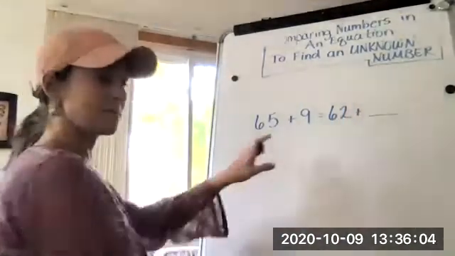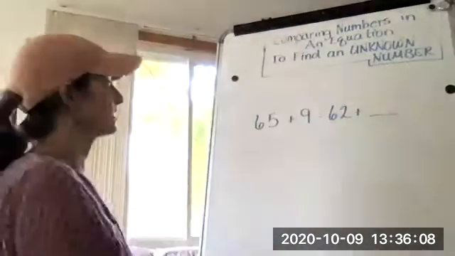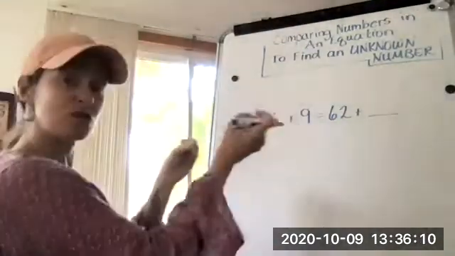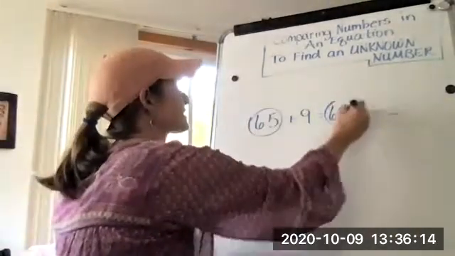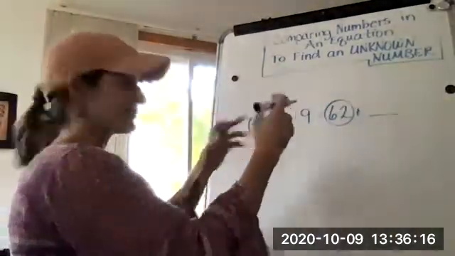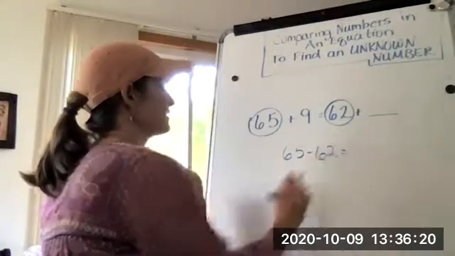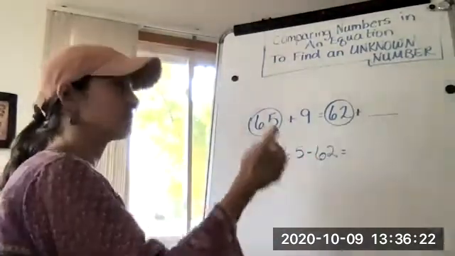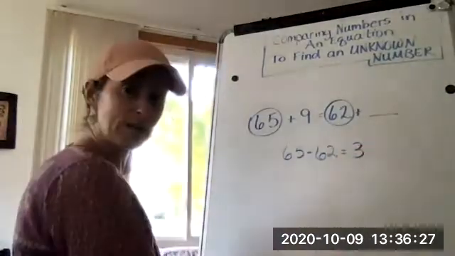All right, so we want to make this side and this side balance out so they are equal. So when you look at this, which two numbers are closest together? The 65 and the 62. We want to find the difference. So 65 minus 62. 62, 63, 64, 65. So the difference is 3.